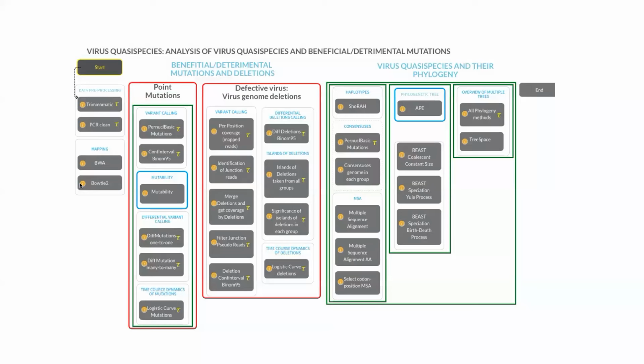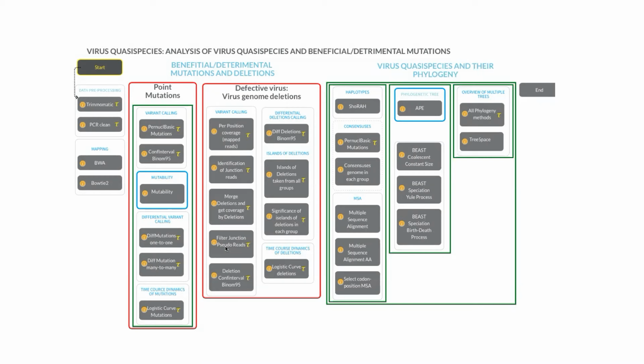We then have the ability to identify point mutations and measure mutability, or how much each position mutates in a specific sample or group of samples. We also have an ability to compare group to group, with multiple samples in each group, to determine significant mutations, and we'll talk more about that in later sections. Then we can also apply that to time course development.